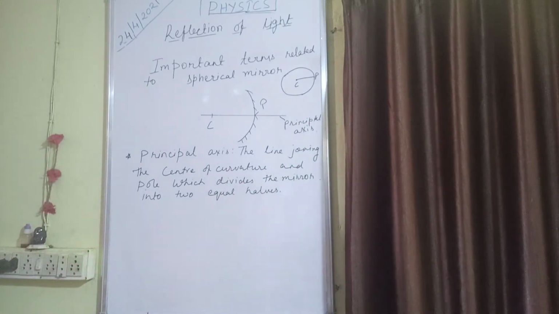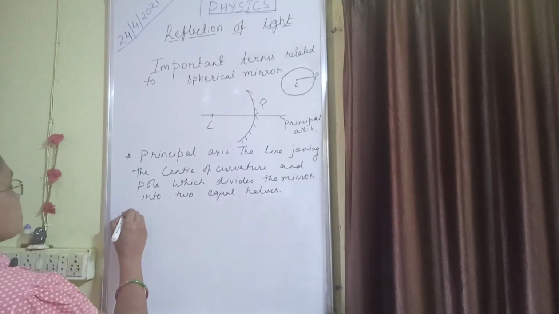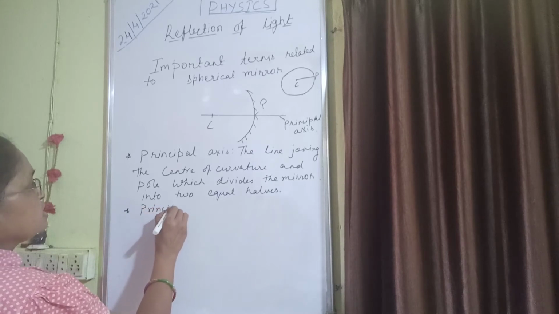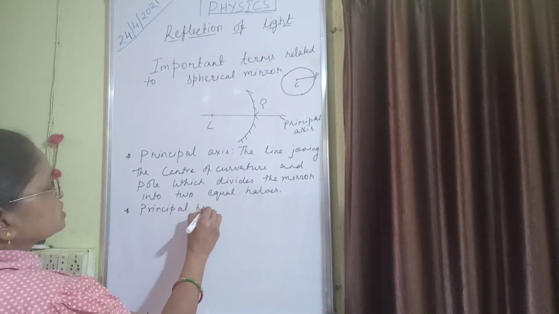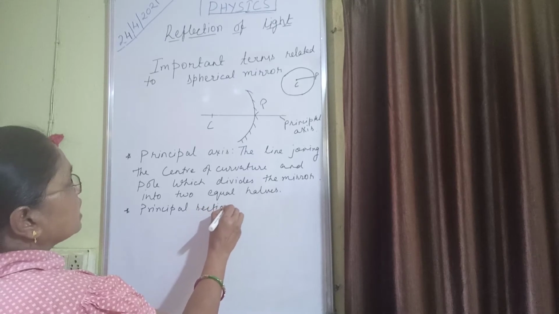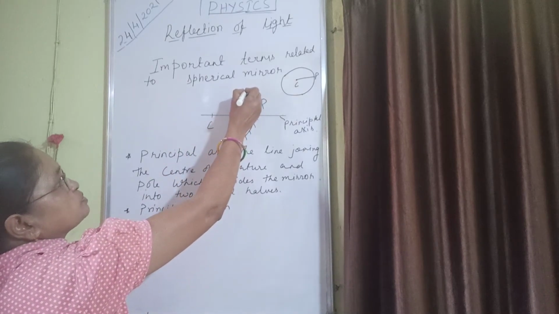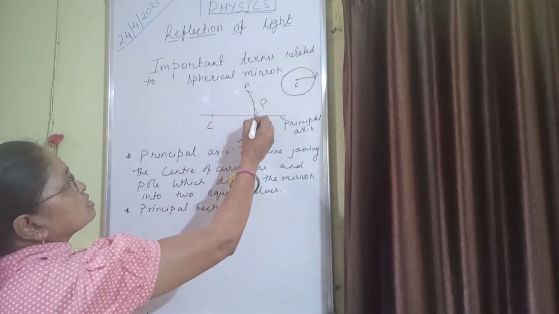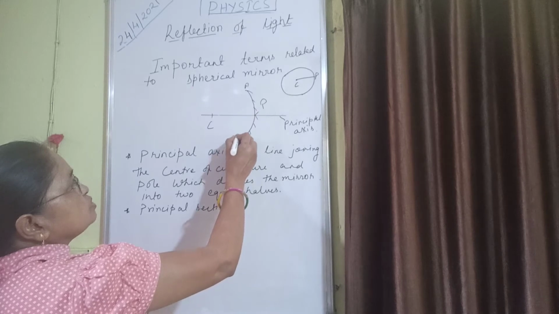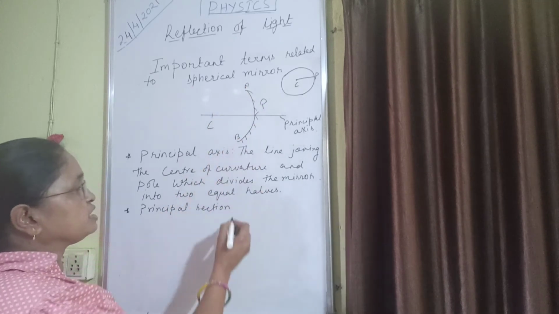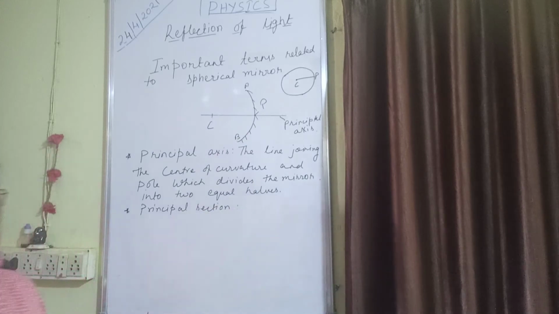Next to come, students, is principal section. It's very easy. Suppose this part is A, this is P and this is B. So A, P, B, this vertical section is known as principal section.